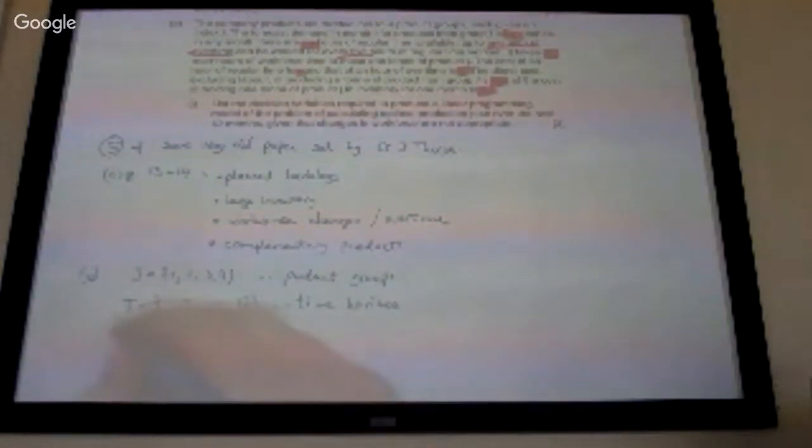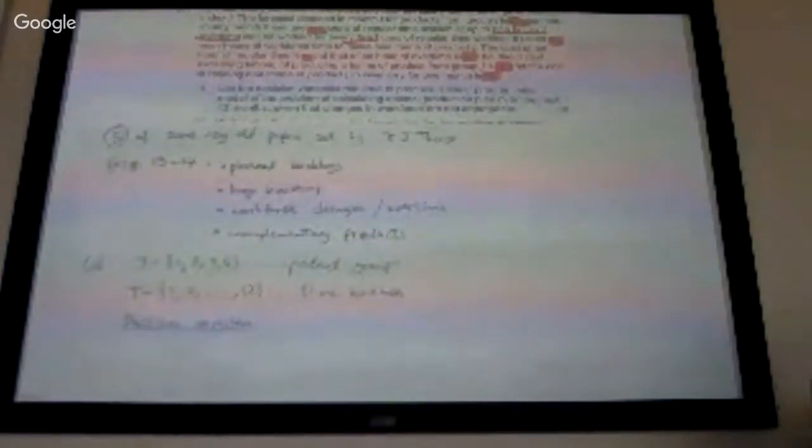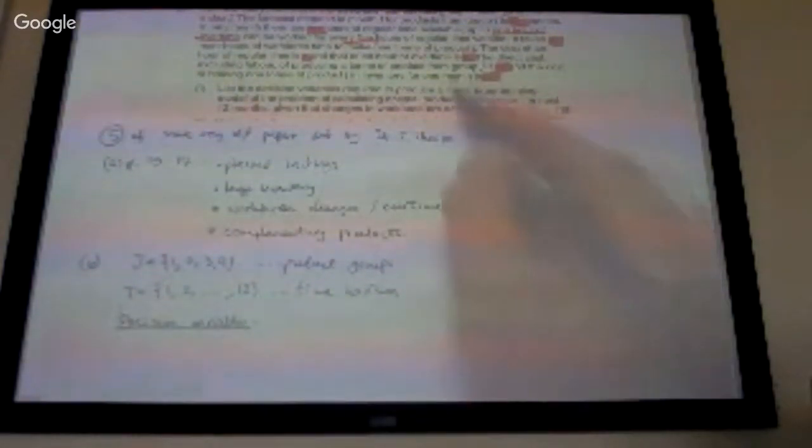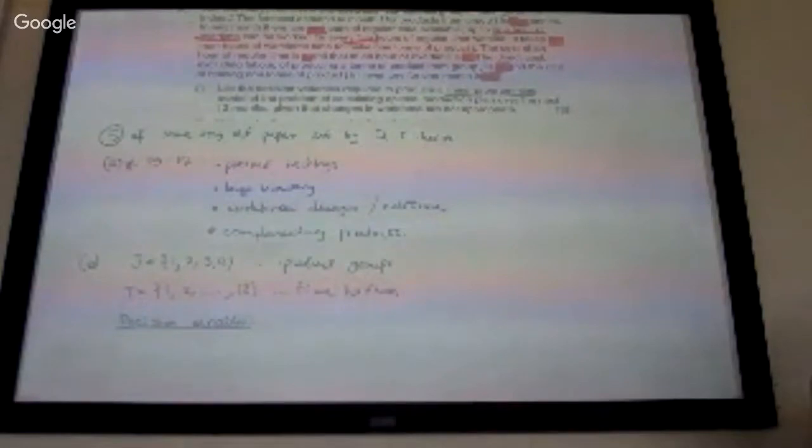What you have to do is give your decision variables. Here it wants a linear programming model, not integer.